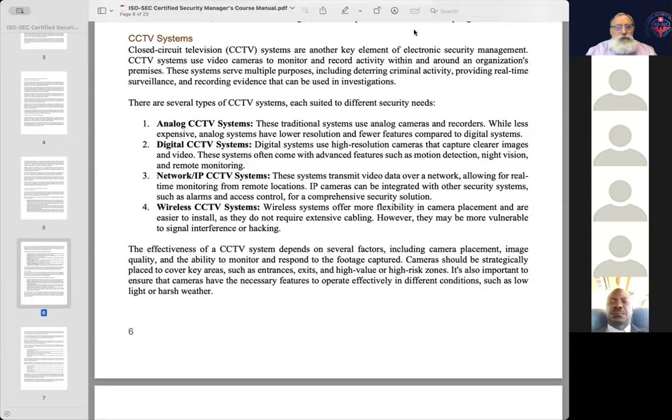And we start from the analog CCTV systems. It is an old technology. It is actually very cheap today.